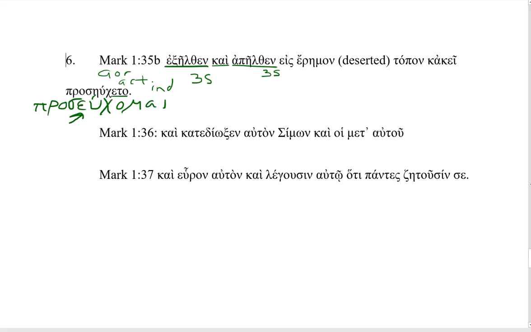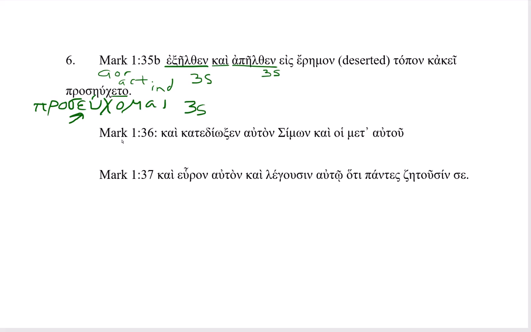So I'm not clear what the stem change is here, but it is using a second aorist ending. So it's a third singular verb, he, she, it, but it's referring to Jesus, so he prayed. So he went to a deserted place, kakei, and there he prayed.